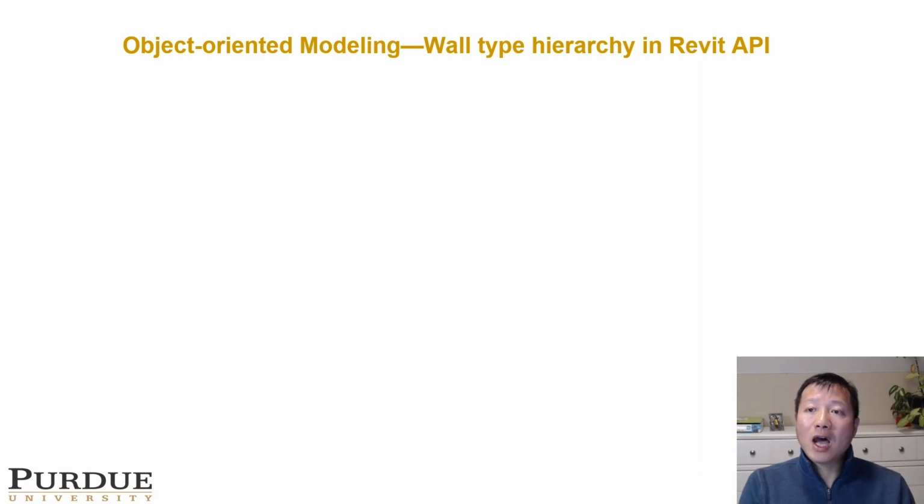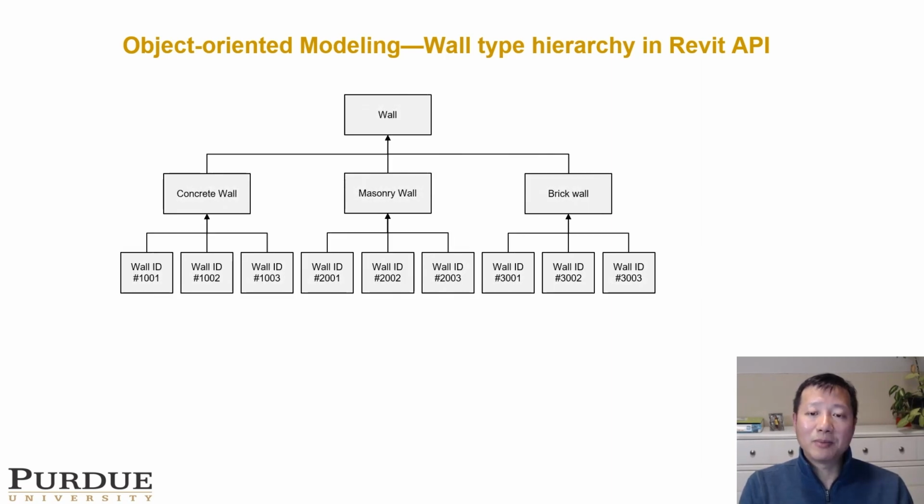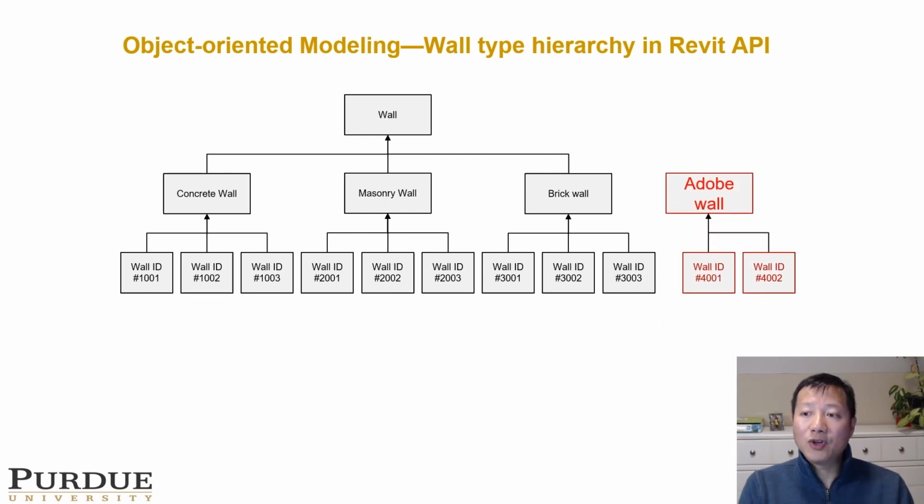So how do we implement that in the Revit API? Let's say you have your wall, and by default you have concrete wall, masonry wall, and brick wall. They are all specializations, right? You can also create another specialization of your wall class, let's say an Adobe wall.